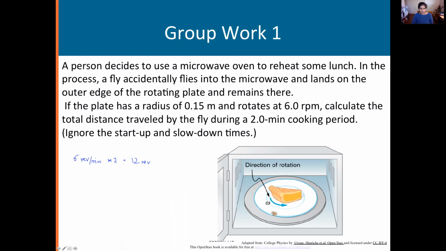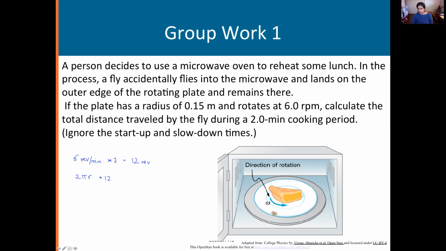In 1 revolution, we cover 2 pi r, where r is the radius, which is given as 0.15 meters. And we need to multiply that by 12, since we are doing 12 revolutions. This is going to tell you the total distance that the fly travels, because the fly is on the outer edge. So that's 24 times pi times 0.15, and that should give you your answer.